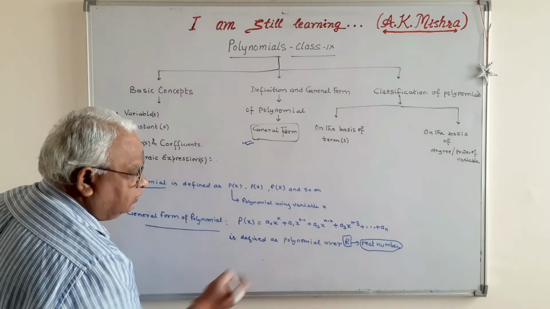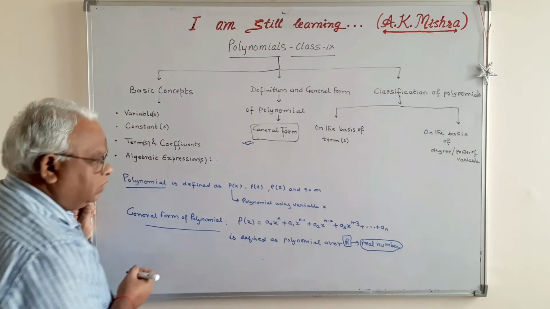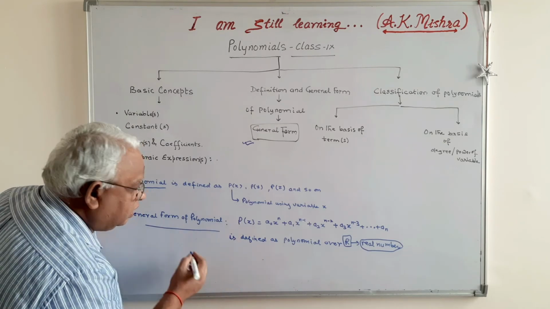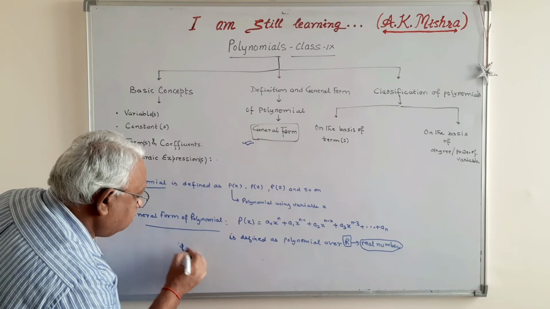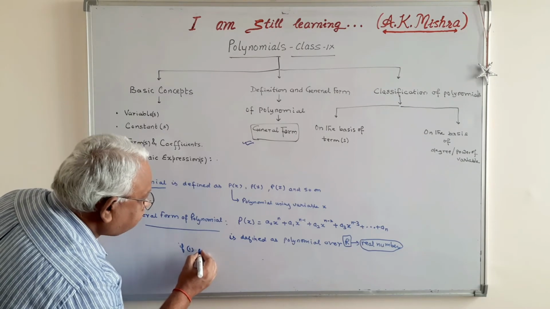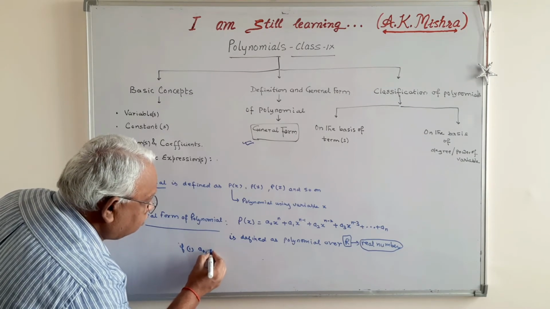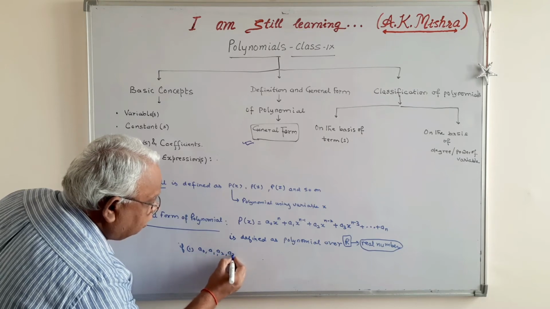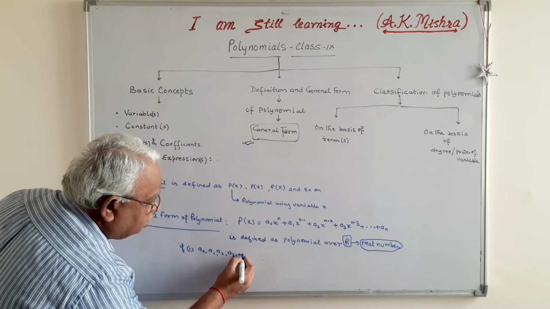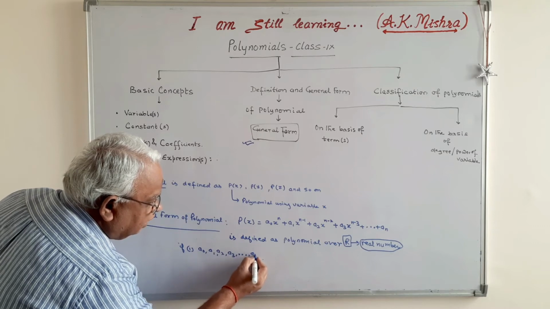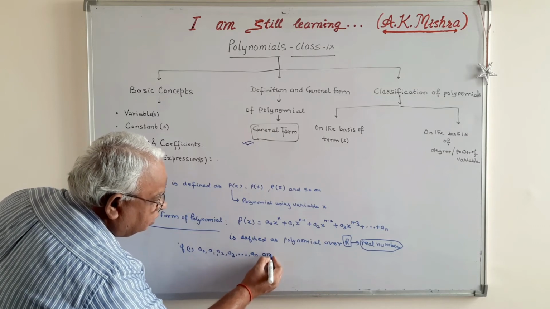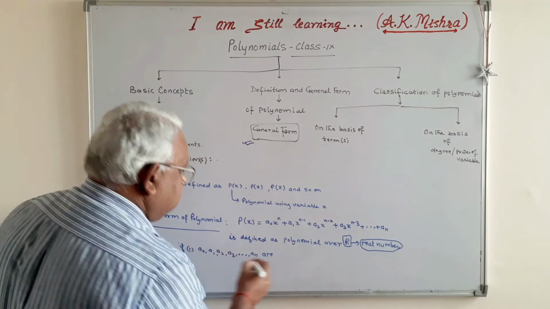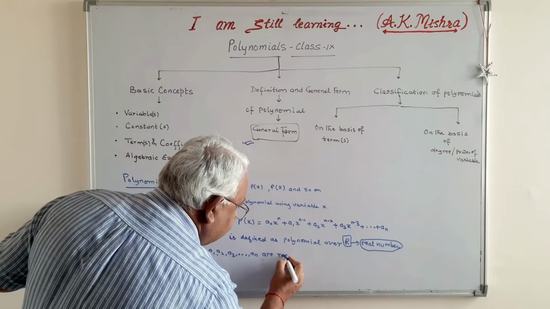So you need to understand what a polynomial over R is. This is defined as a polynomial over R if, number 1, a0, a1, a2, a3 and up to an are real numbers.